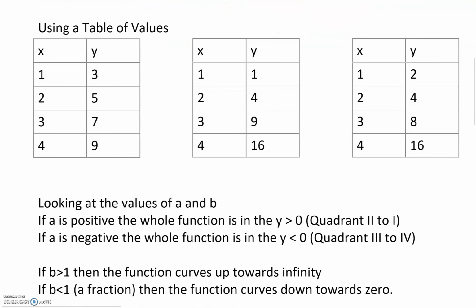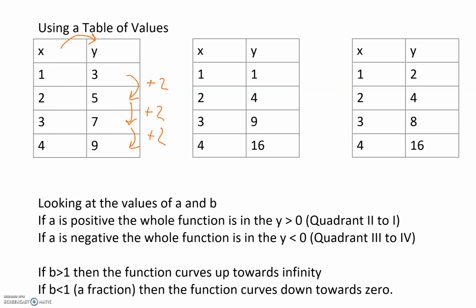Okay, let's take a look at some table of values and see if we can tell which ones are exponential functions and which ones aren't. So let's see if we can find some sort of patterns here. If we look down this line here, we add 2, we add 2, we add 2.